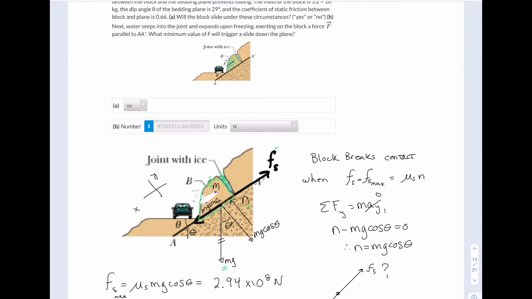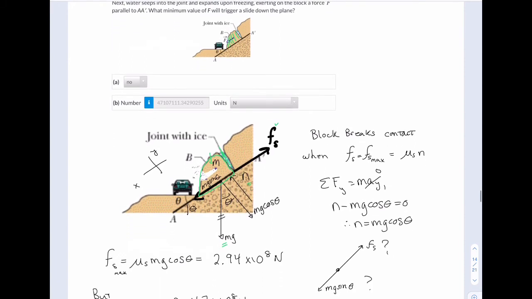So they want to know, is it going to slide? Well, this whole block would break contact with that tilted bed. I should say, if it breaks contact, that means static friction is at its biggest value. And the largest static friction can get is mu n.